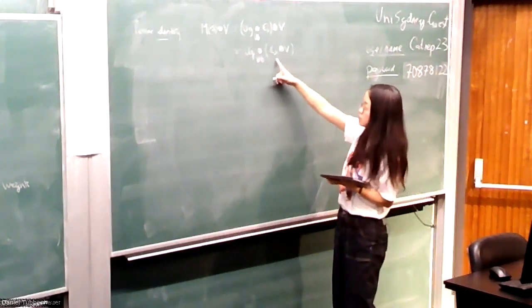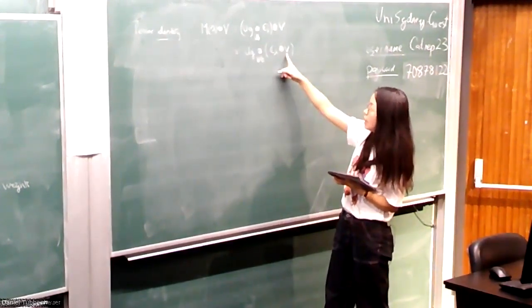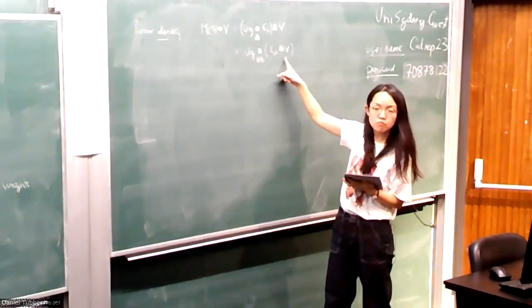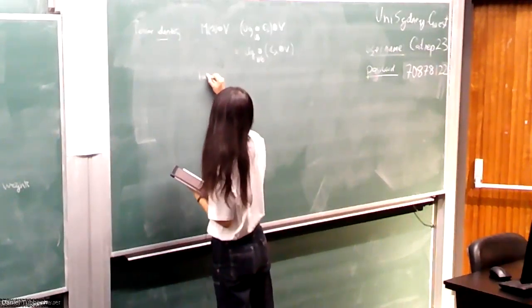And from here you can see that this thing has a filtration by Verma modules whose highest weight is lambda plus mu for mu a weight of V. So this has a Verma filtration.